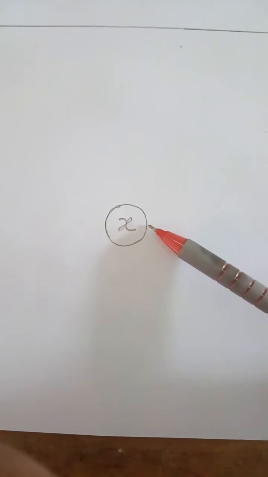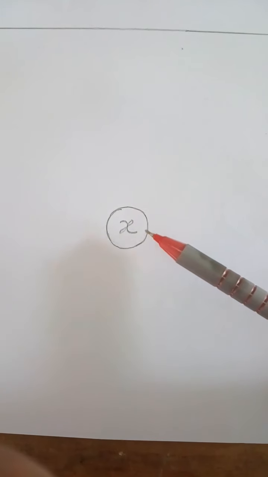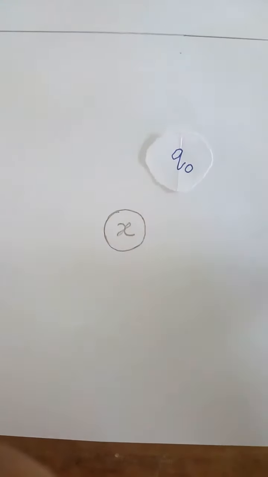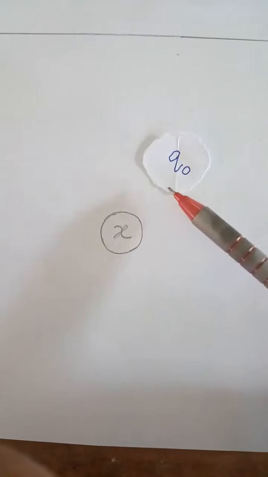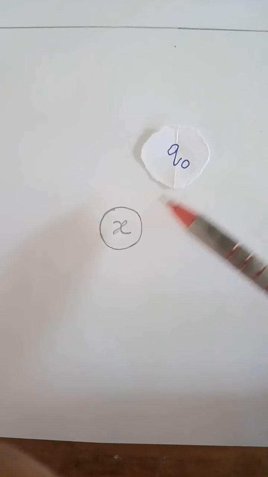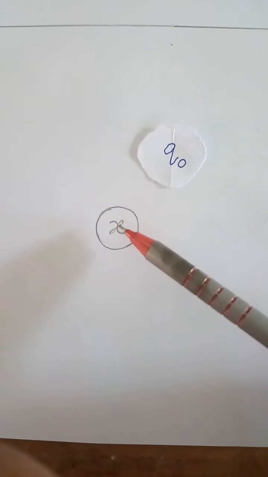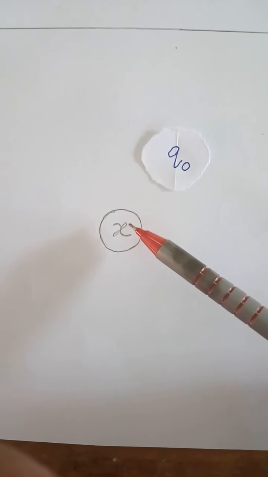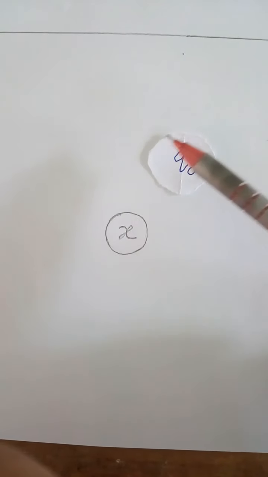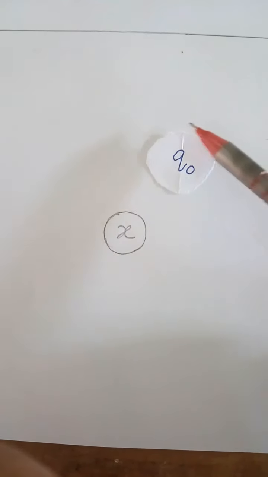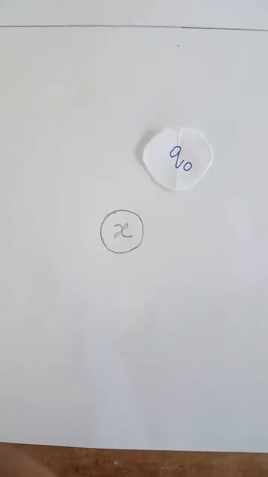Now assume another situation. Again I have taken a charge as X, and suppose that a test charge is feeling attracted towards this charge. So as far as the concept is concerned, this X might be a negative charge, because unlike charges attract each other, and there is no doubt that the test charge is always a positive charge.